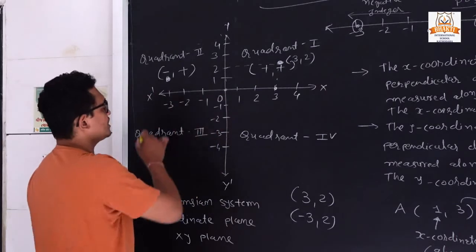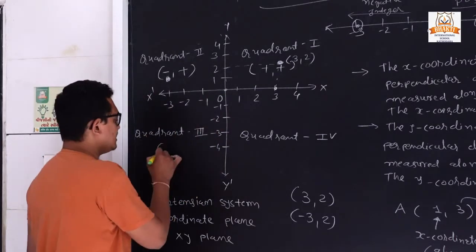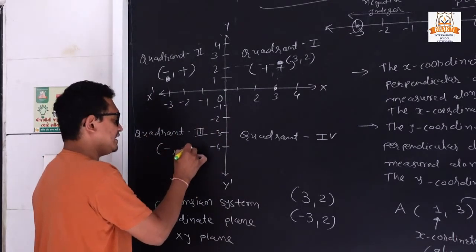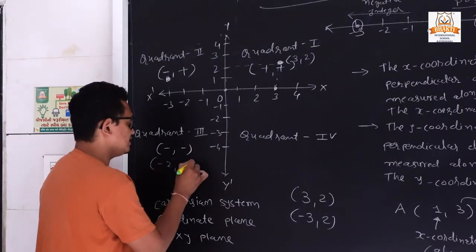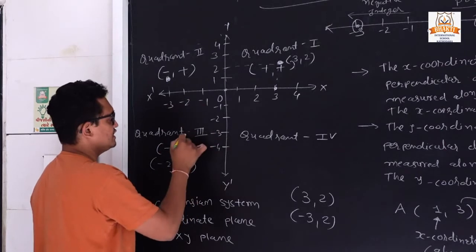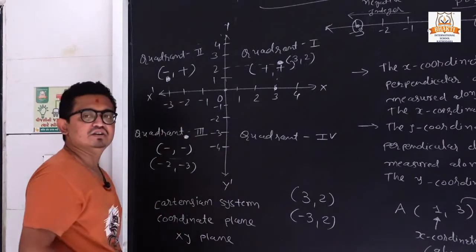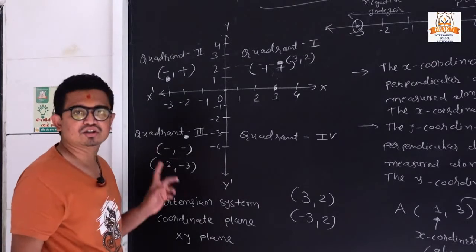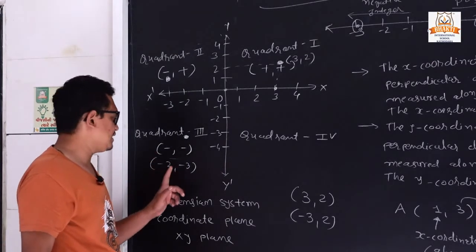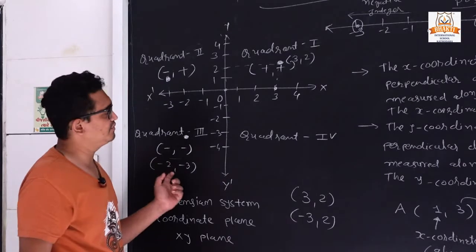Next, the third quadrant. In the third quadrant, both the x coordinate and y coordinate have a negative value, like -2, -3. Both are matching here. So in quadrant 3, both the x coordinate as well as the y coordinate have a negative value.